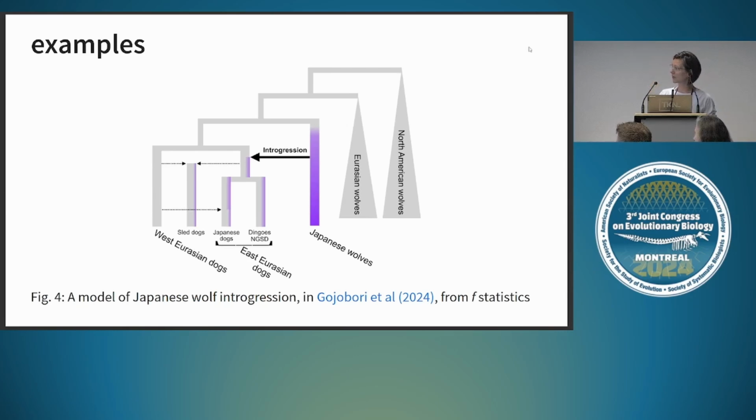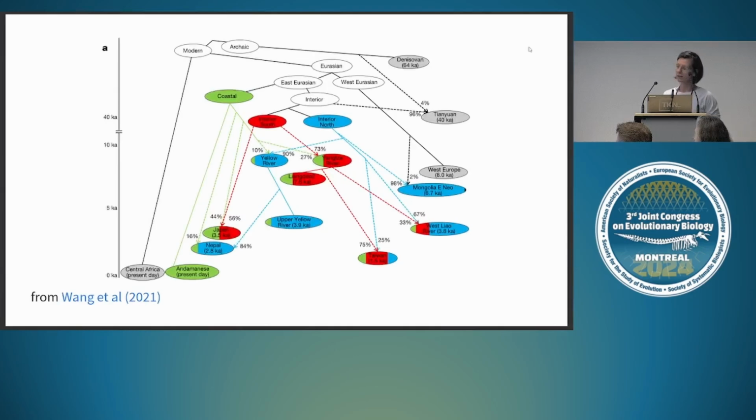They are sometimes estimated, like Elizabeth mentioned, with Nanook, SNAQ, Phylonet, and from population genetics, they are estimated more often using F statistics. This is an older example. There are just so many of these networks coming out all the time. And this is really cool when we can use ancient DNA to get more complex graphs.